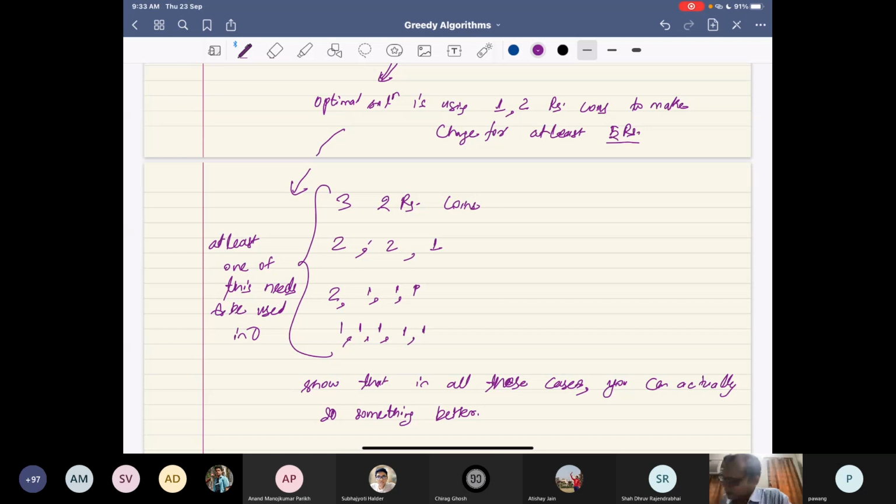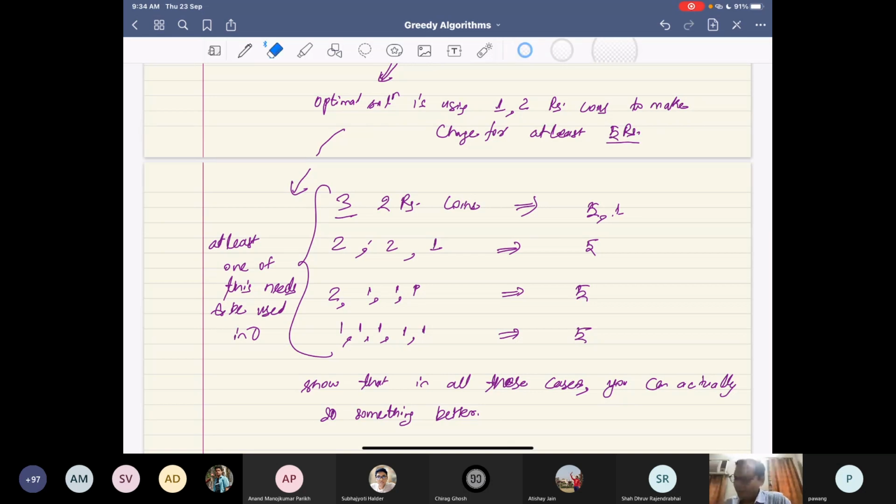So if it was using 3 2 rupee coins, how can you do better? What can you do to do better? Use a 5 rupee coin and a 1 rupee coin. If it is using 2 2 1, use a 5 rupee coin. So in all these cases, you can do something better.